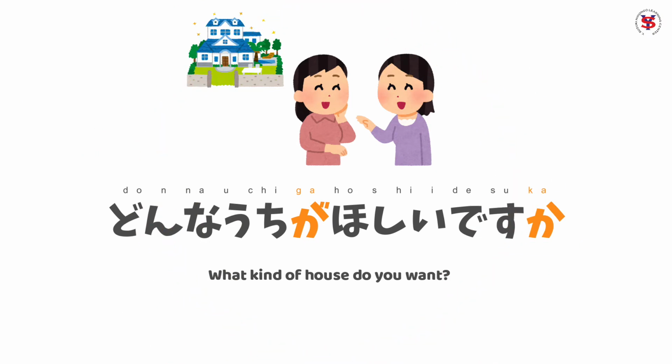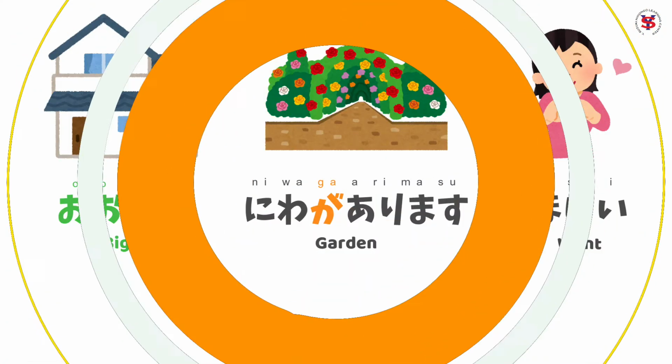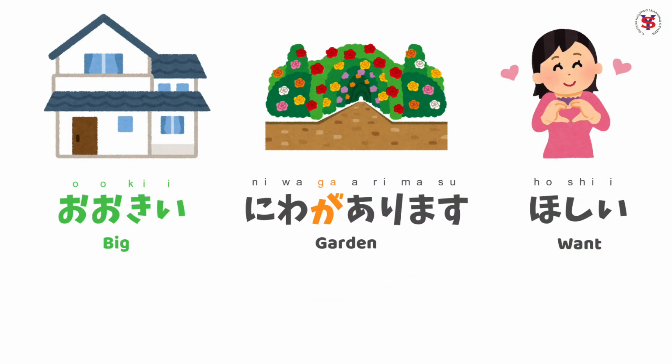Alright, since alam na natin paano mag-modify ng nouns gamit ang modifying sentence phrase, kaya na natin sagutin ang mga tanong tulad nito. Donna uchi ga hoshii desu ka? So, in Tagalog, that's anong klaseng bahay ang gusto mo? Let's say gusto mo ng bahay na malaki at may garden. Malaki is oki in Japanese.